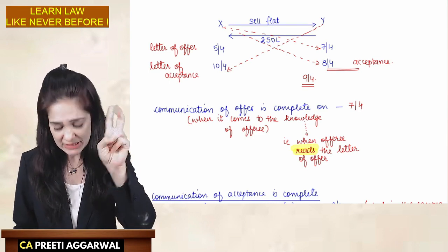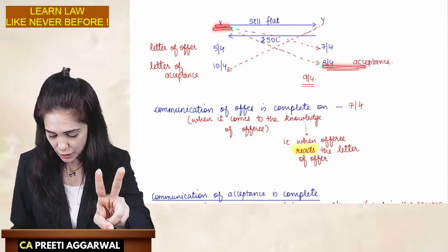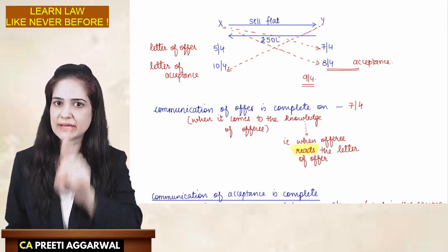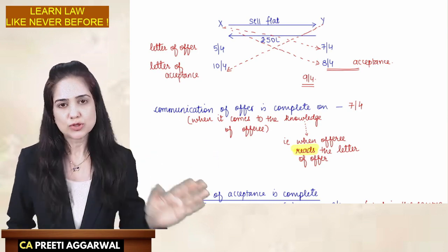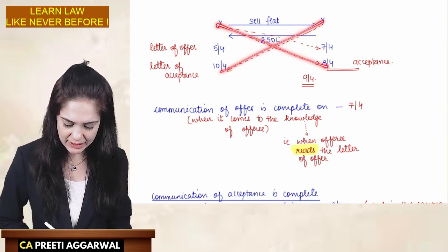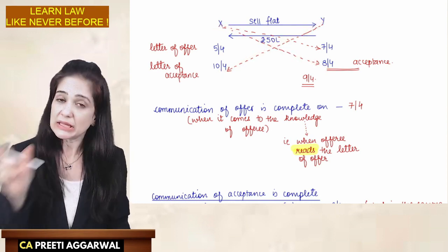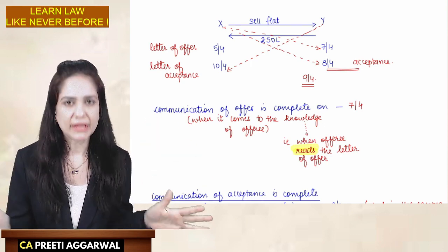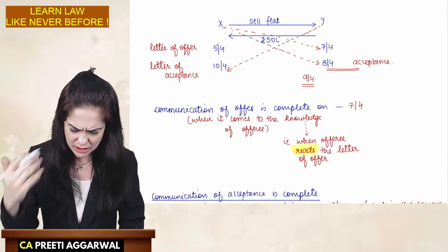Secondly, X, you cannot revoke your offer after the letter of acceptance is posted. Your offer is accepted. Now you cannot revoke. So all the aspects are covered when we have 2 separate dates for both the parties. That is why, students, both are bound on 2 separate dates. Alright. Now let us discuss a few more points.